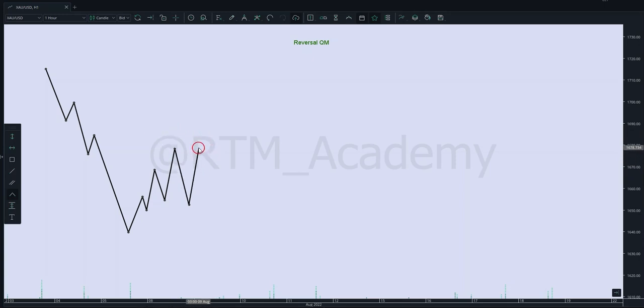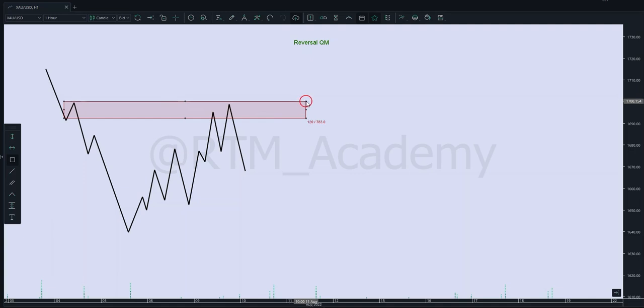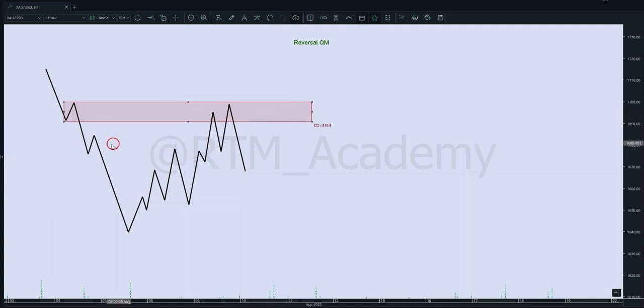And here makes a knot, a rally-base-rally, and makes a high, low, higher high, and lower low. So this is an area, and this is also another area.